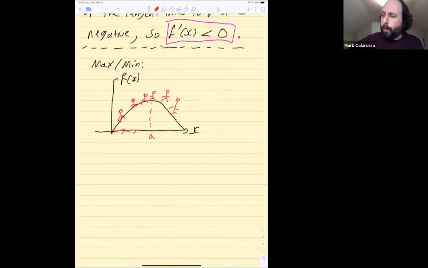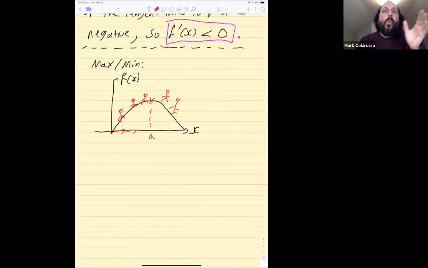But this point A, where you come to the top of the peak, right? That's a very important point for the function, because it's a point where it's the largest value, the largest height of the function in the area in which you're looking at. And like I was saying at the beginning of the video, when you want to talk about maximizing profits or maximizing customers or something like this, you want to maximize a quantity that's good for your business or good for an application, right?